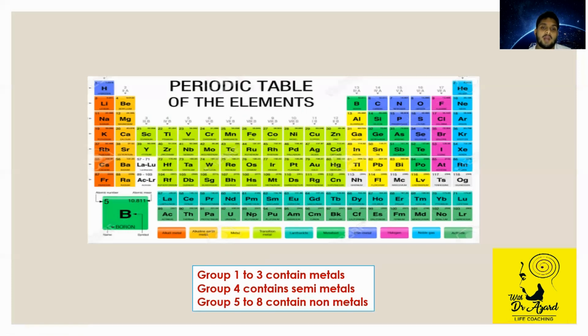Okay, so now in the periodic table, in my previous video we discussed the features of the periodic table. We said that the periodic table consists of rows and columns. Rows are named as periods and columns are named as groups.